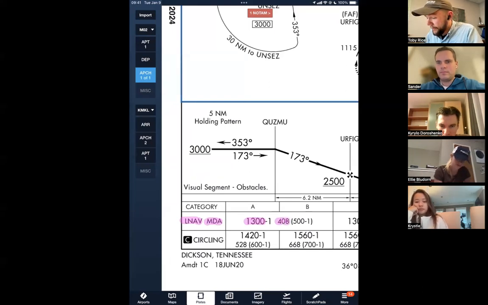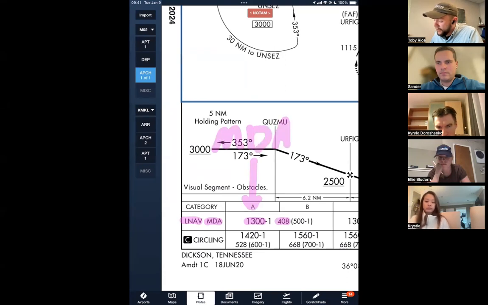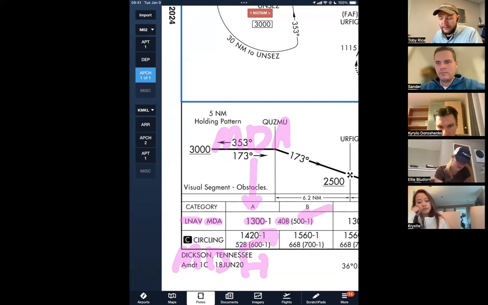So this is a common misconception: this here is your MDA, while this number here is your MDH. This is your height above ground. This is your altitude above sea level. Everybody got that?